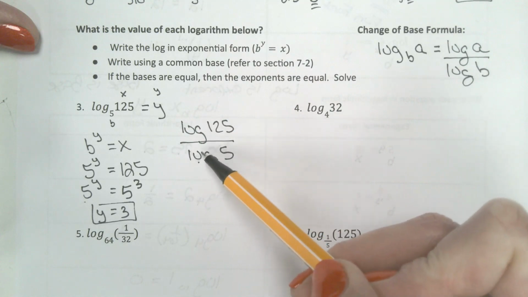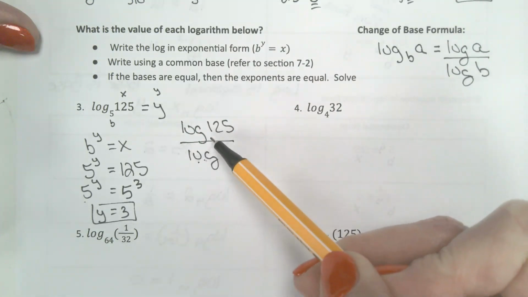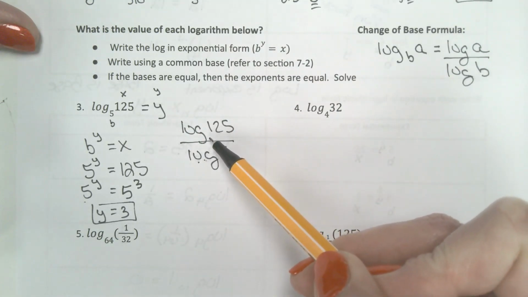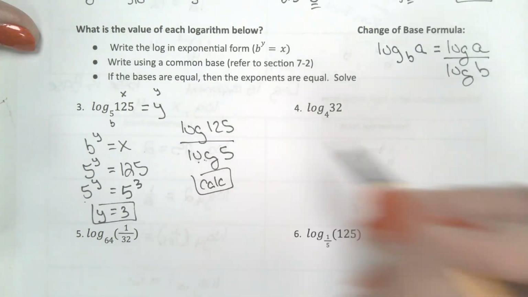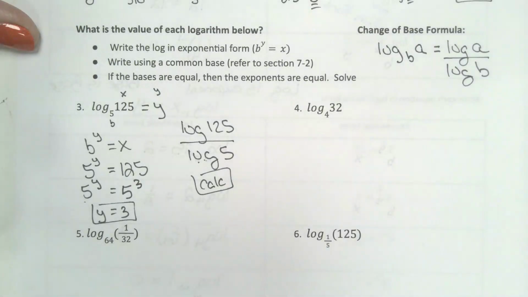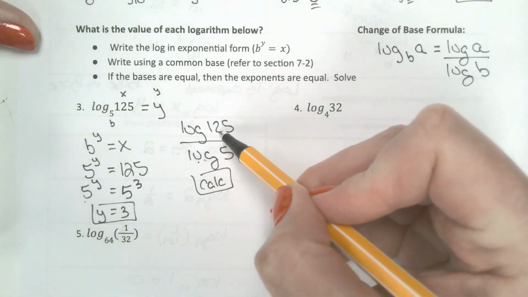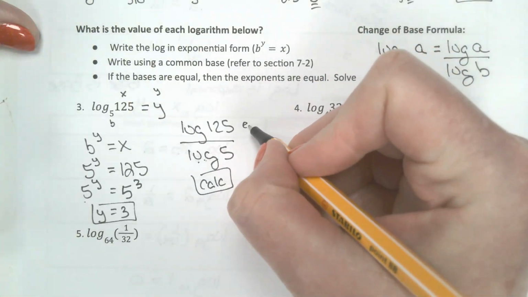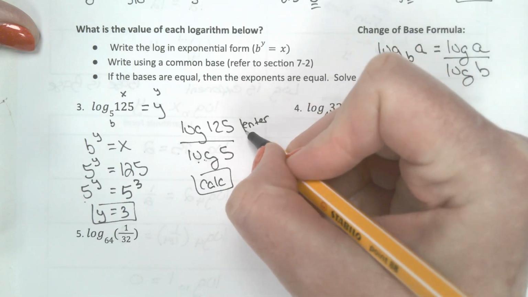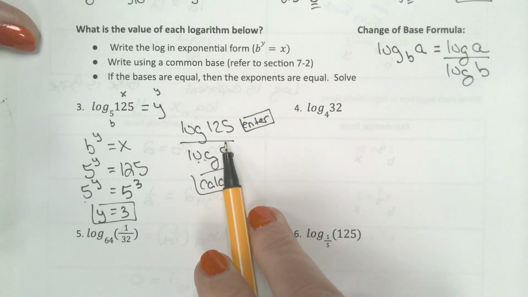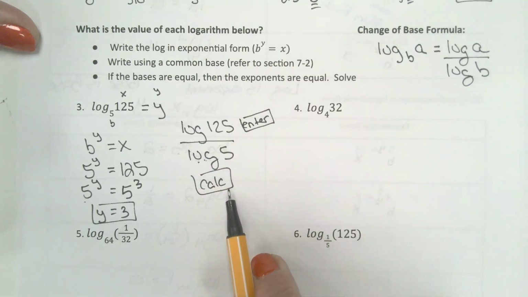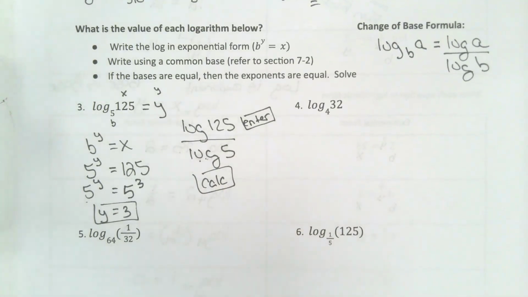Remember I said a minute ago that if there's no number right there, then you have an implied 10. So I can do this totally for calculator purposes. So now you go log 125. In your calculator, what is super important is you have to hit enter after that, and then go divided by log 5, enter, and your calculator will tell you that that is 3.